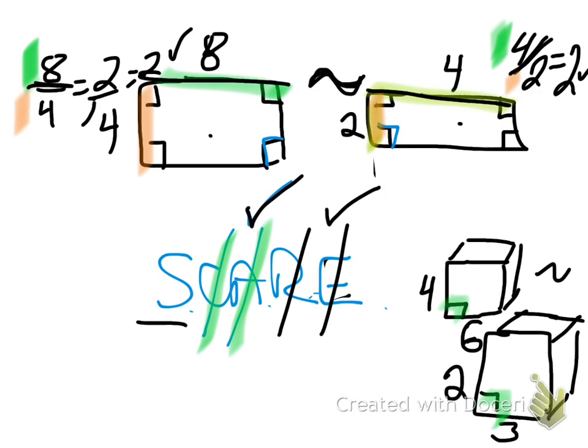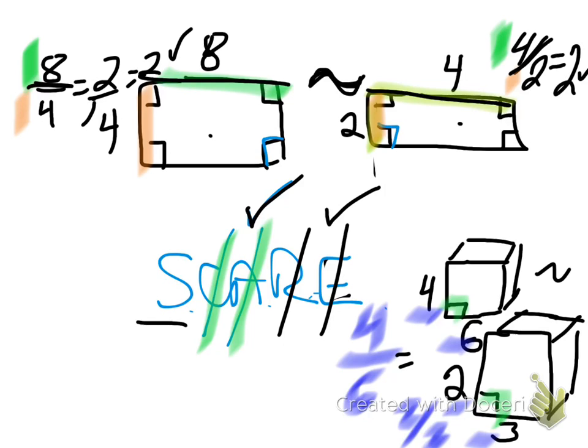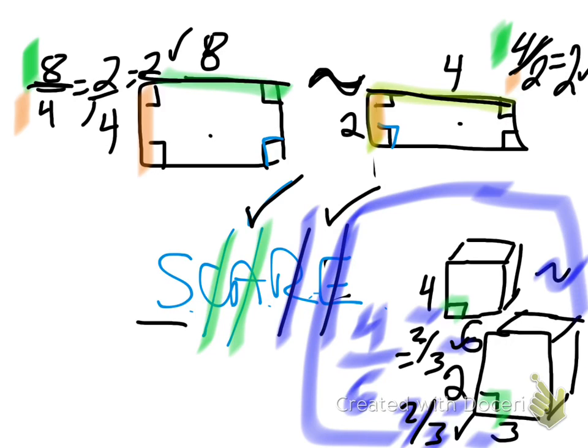Because they're congruent here. Let's check if our side ratios are equal. 4 over 6. We're going to go short to long. Here let's go short to long as well. 2 to 3. 4 over 6 equals 2 over 3. 2 over 3 equals 2 over 3? Yeah, so we have ratios that are equal, so we know they are similar. Okay? That's what a similar solid is. Solid shapes, three-dimensional figures that are similar.